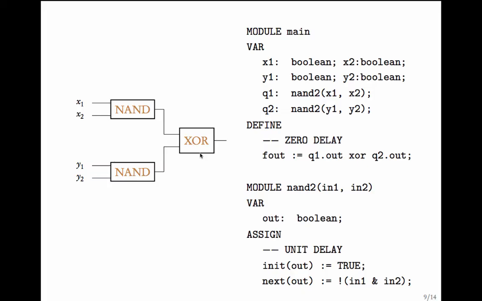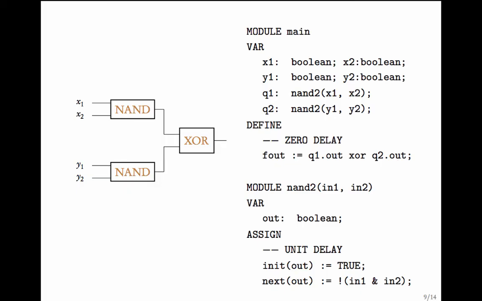We have assumed that there is a 0 delay for this gate. F out is going to be the output of q1 and the output of q2, which is written as q1.out XOR q2.out.